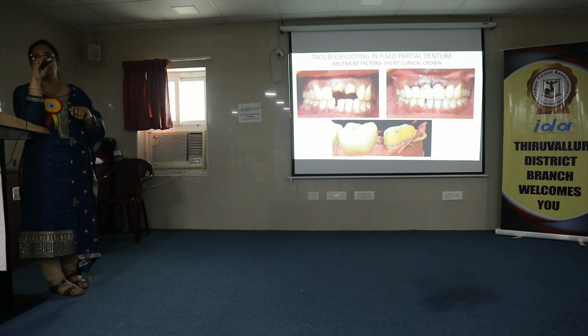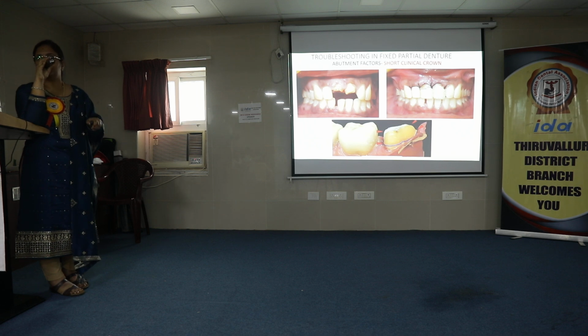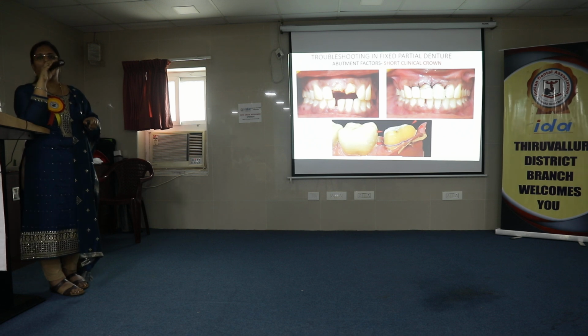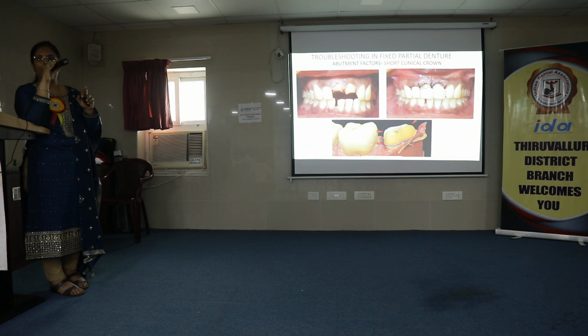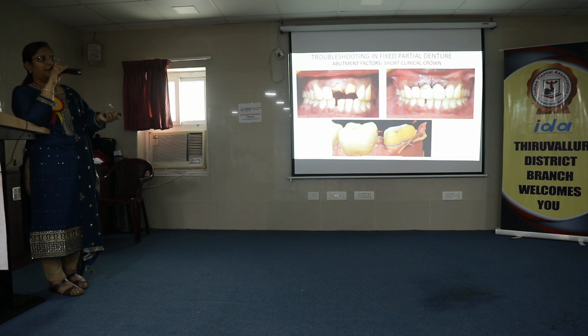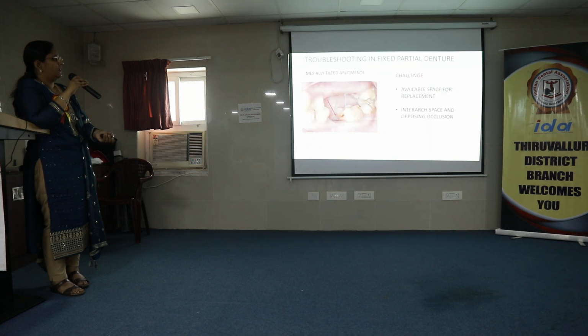So definitely you have to modify the preparation. You can prepare a class 1 cavity into the crown itself. Not exactly like endocrowns, but like an inlay cavity, which can be used as a way to retain such crowns where crown lengthening is not at all possible.